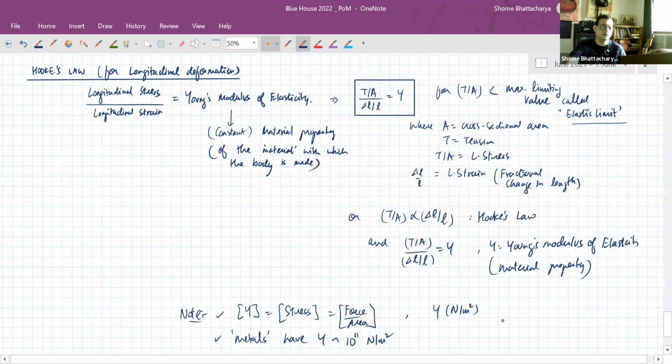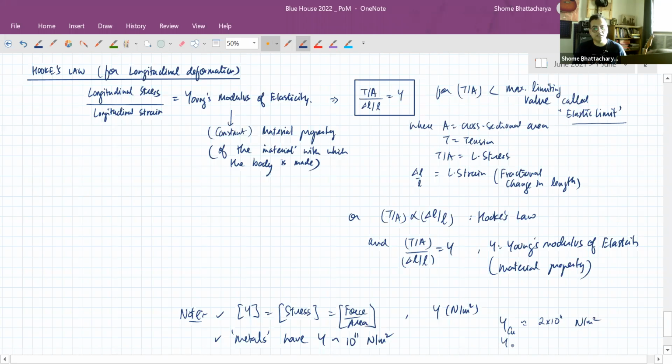So if you look at typical engineering manuals which deal with elasticity and material properties, you will see an entire list of standard types of materials, including metals and non-metals, for which the elasticity in terms of Young's modulus of elasticity is published. For example, if I'm not mistaken, copper has a Young's modulus of, I'll just check and tell you, I think something in the region of about 2 Newton per meter square.